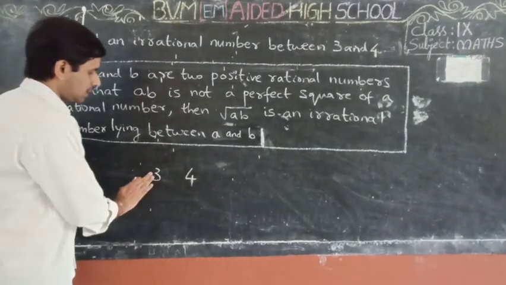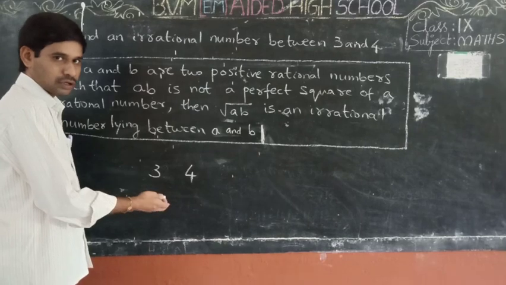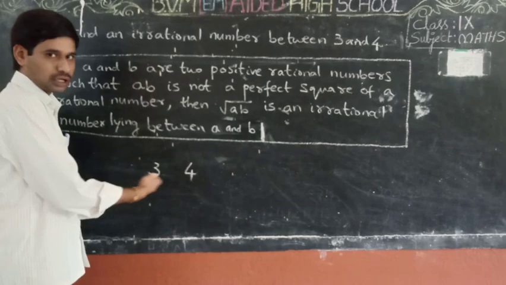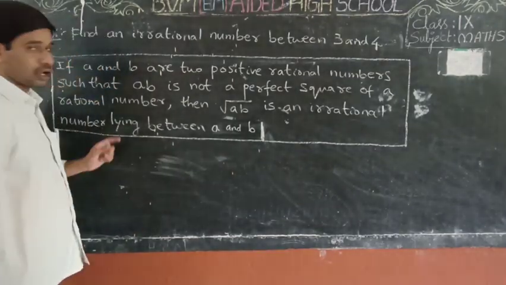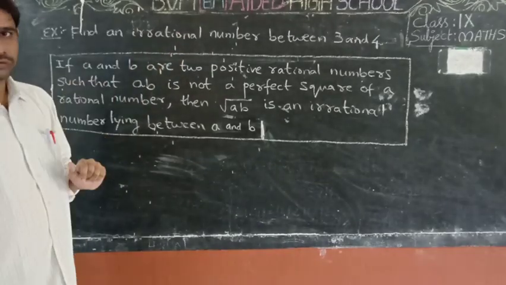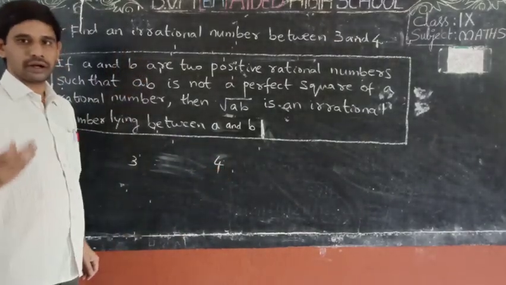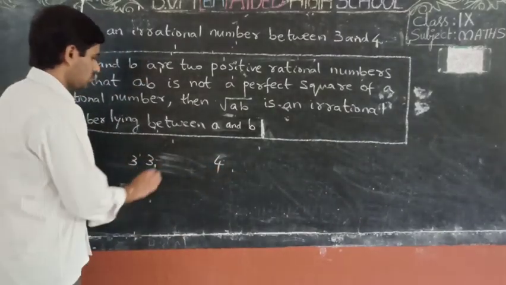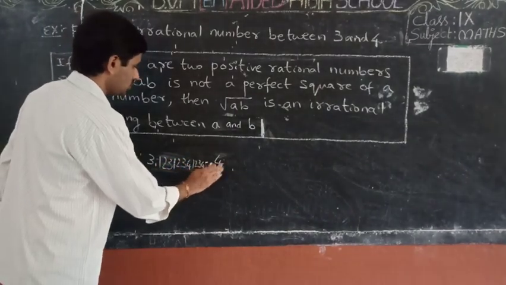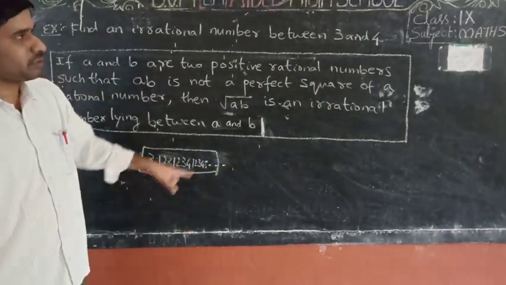We cannot find any integer between 3 and 4, but we already found a rational number between 3 and 4, that is 3 and a half. Now you can write directly, between 3 and 4, a non-terminating, non-recurring decimal, that is 3.12312341234 and so on. This is an irrational number between 3 and 4.